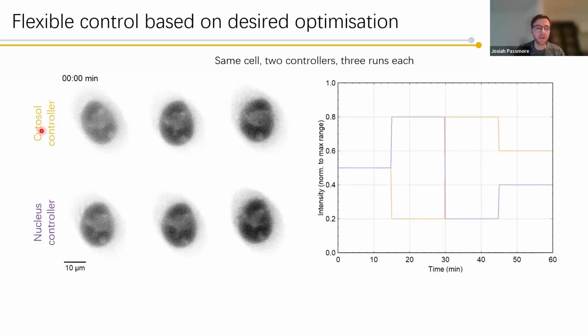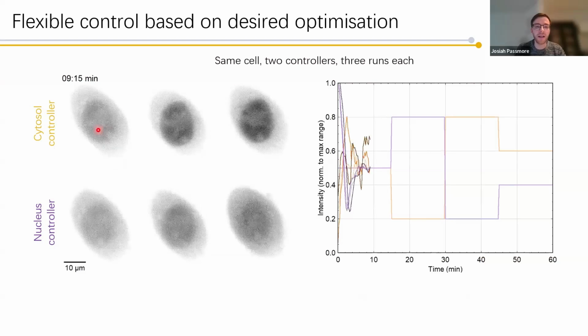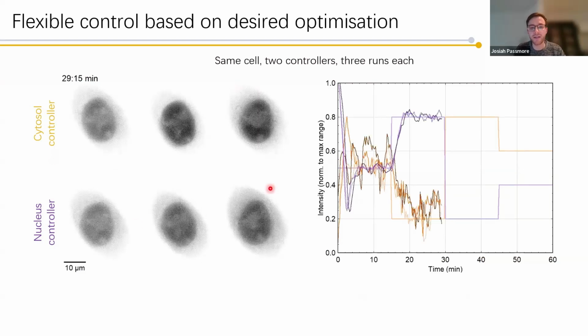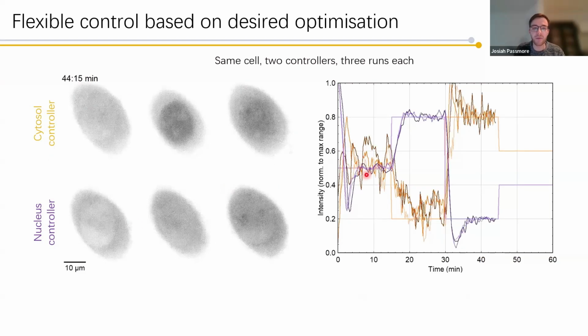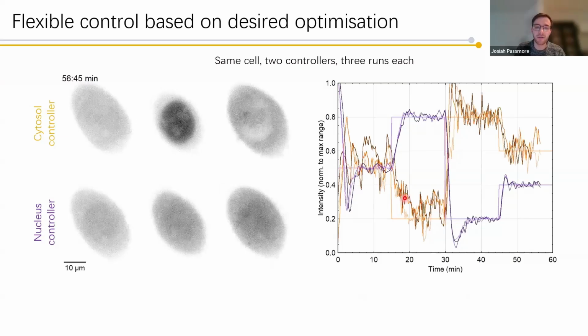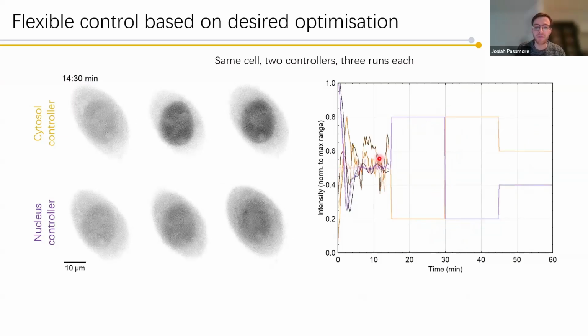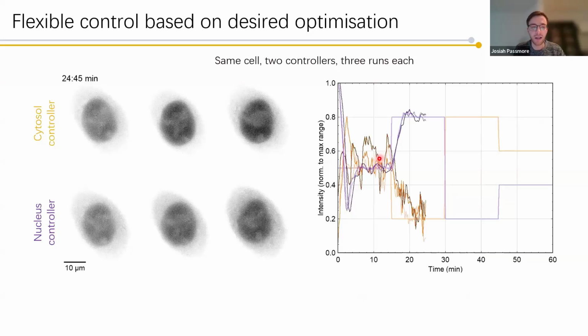So because we built a cytosol and a nucleus controller, we thought we would try it in the same cell, but with inverted set points to see what happened. And indeed we can control the same cell with these two different controllers with 3 runs each, and we're able to guide the cell to these specific set points regardless of the type of controller that you use.